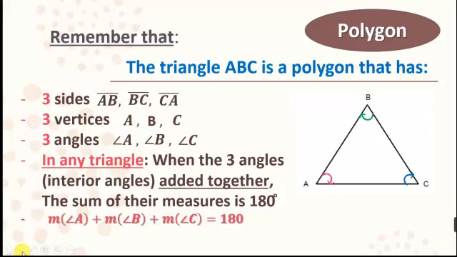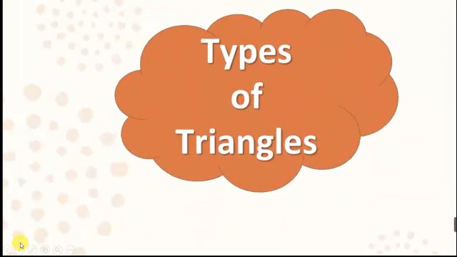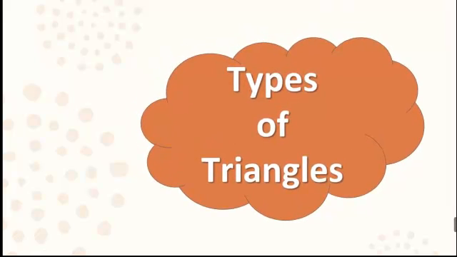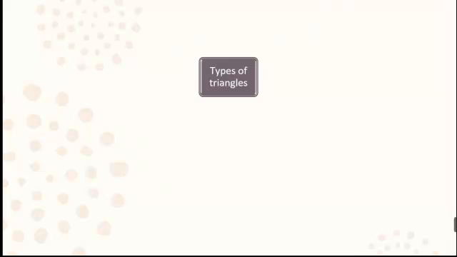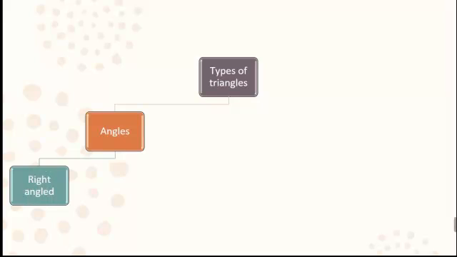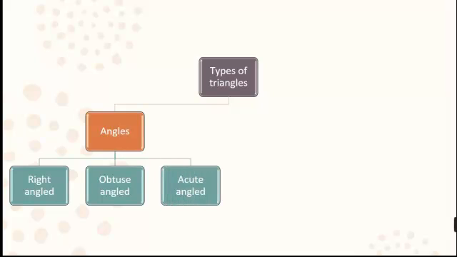Okay, now let's move to another topic, which is the types of the triangles. There are 6 types. Let's see how. When I want to know the types of the triangle, I will classify them according to the angles and to the sides. If I classify them according to the angles, I have 3 types: right-angled triangle, obtuse angled triangle, and acute-angled triangle.